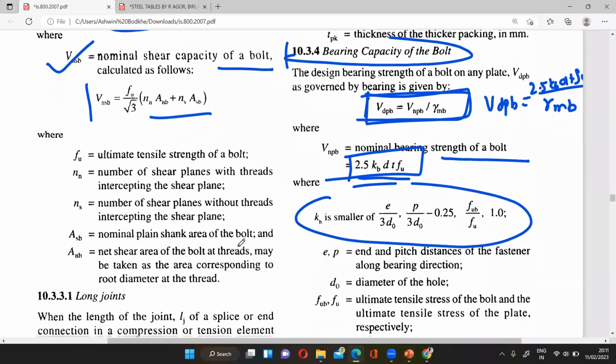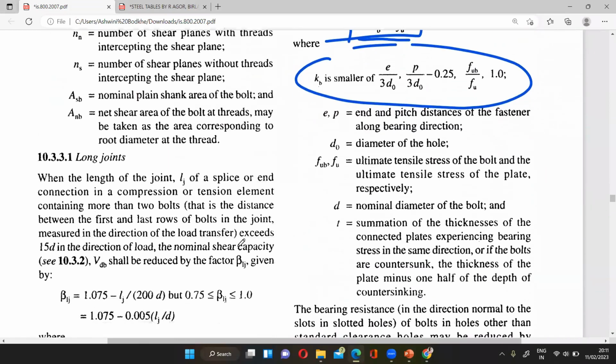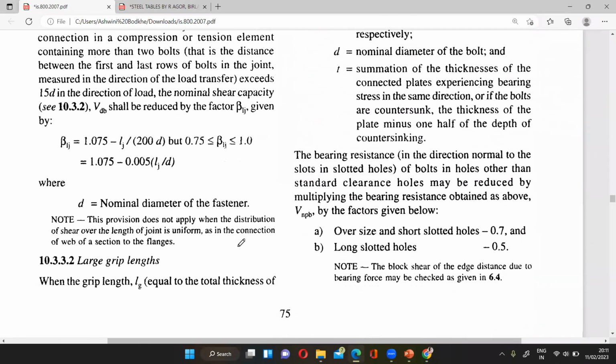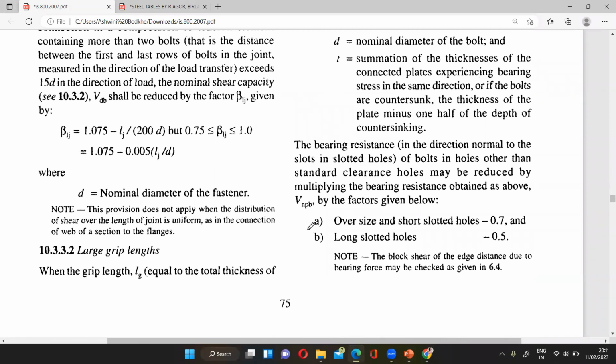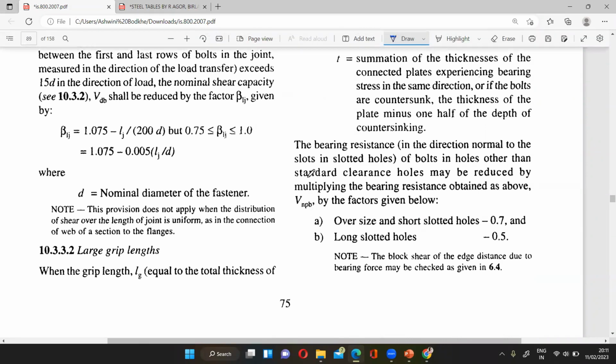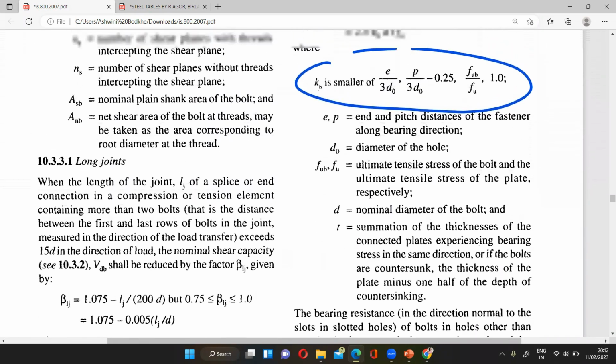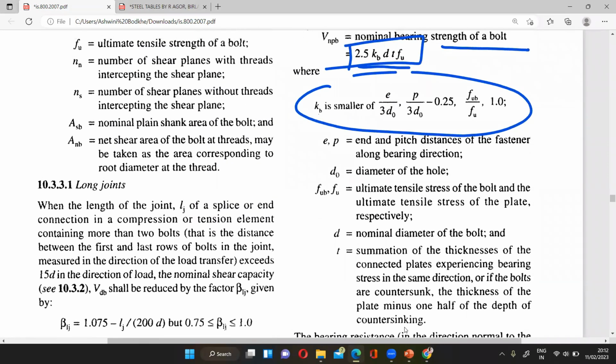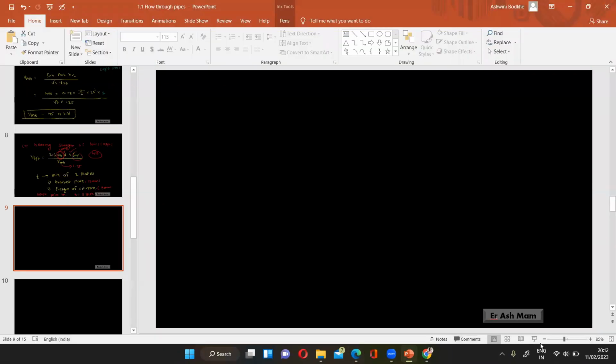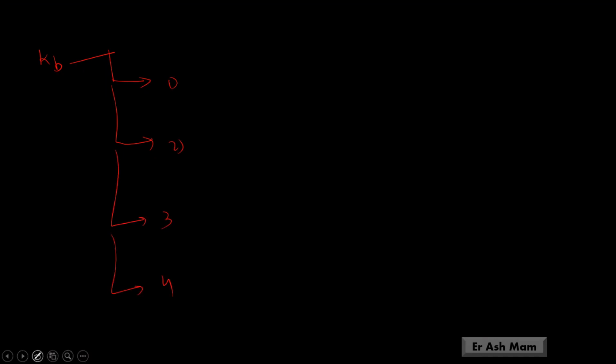The formulas are given on page number 75. Kb depends upon four criteria: 1, 2, 3, and 4.